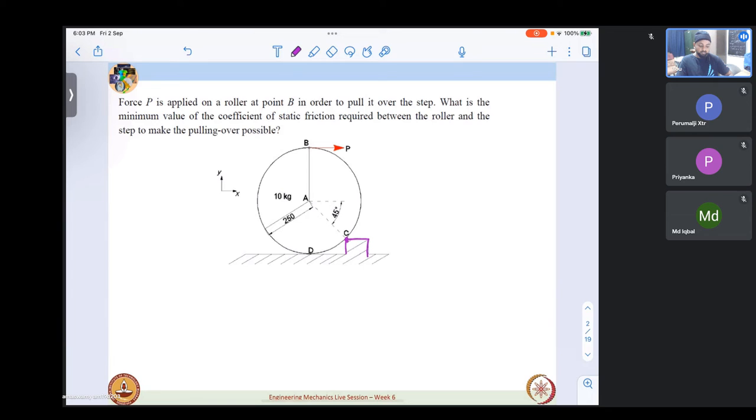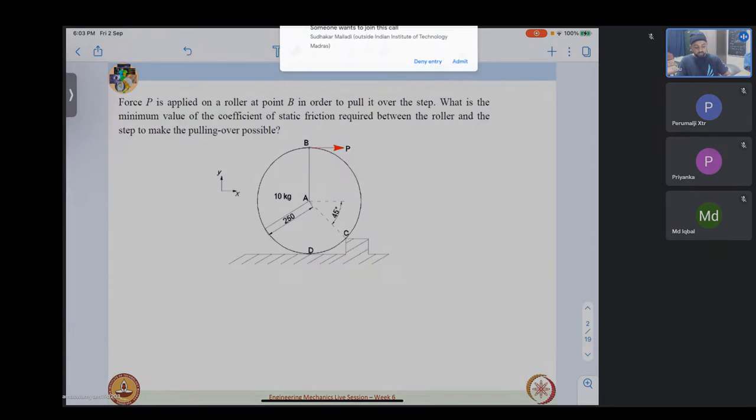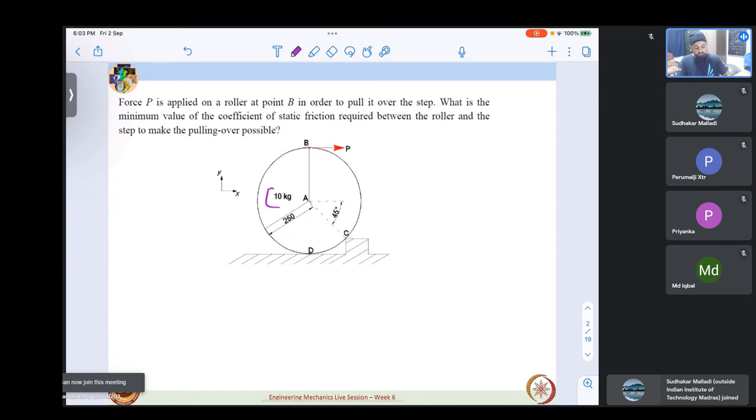That is, at this point there will be some frictional force acting, and we have been asked what is the minimum value of coefficient of friction required to make this pulling over possible. And what is the additional information we have been given? The mass of the roller is given.